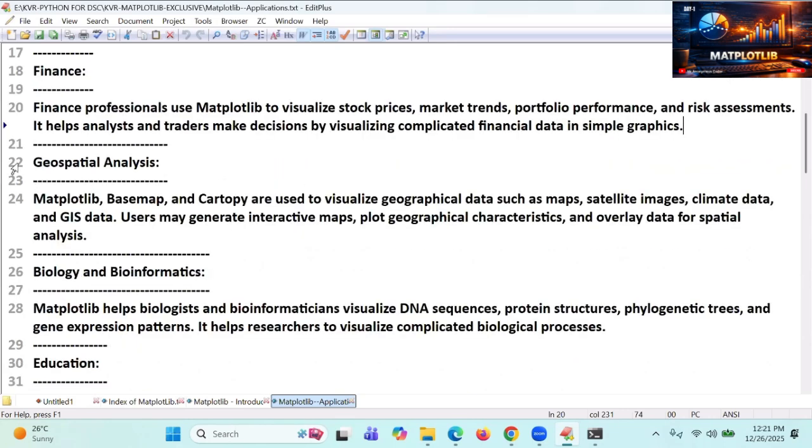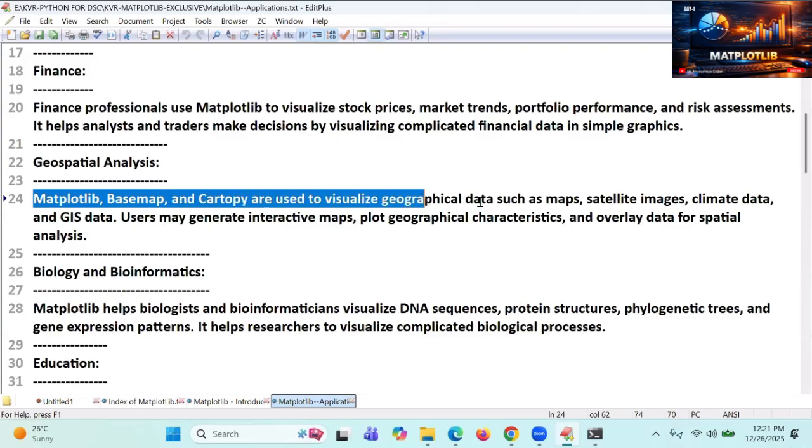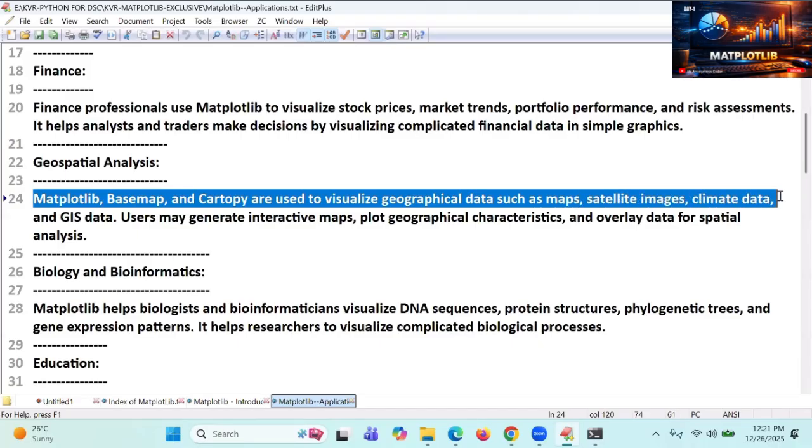Next, geospatial analysis, space related agencies. Matplotlib, Basemap, even Cartopy are used to visualize graphical data such as maps, satellite images, climate data, and GIS data, like the example I showed you. Don't think these are very difficult. There are keywords available in Python.